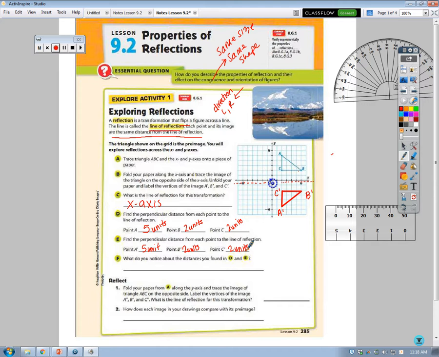Well, what we notice is that the perpendicular distance, meaning the distance from our line of reflection to our point, is the same for our pre-image as our image.